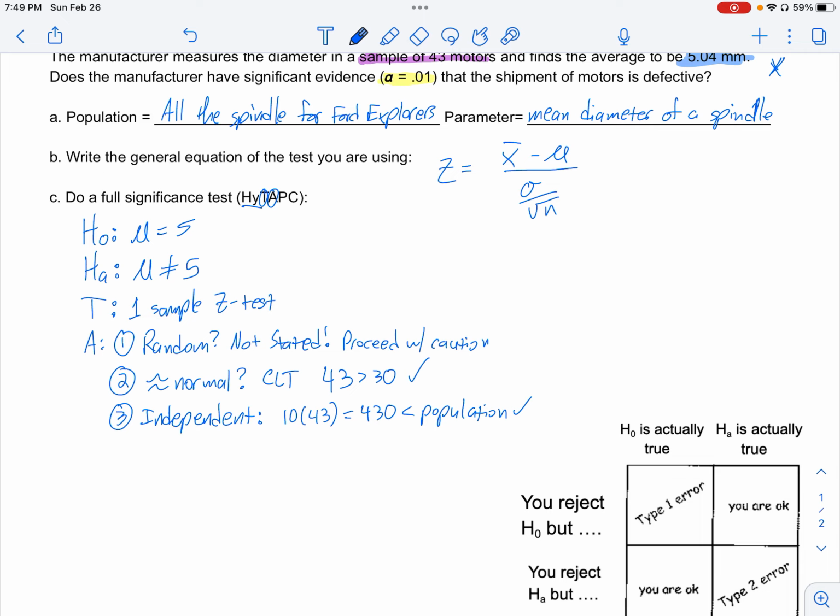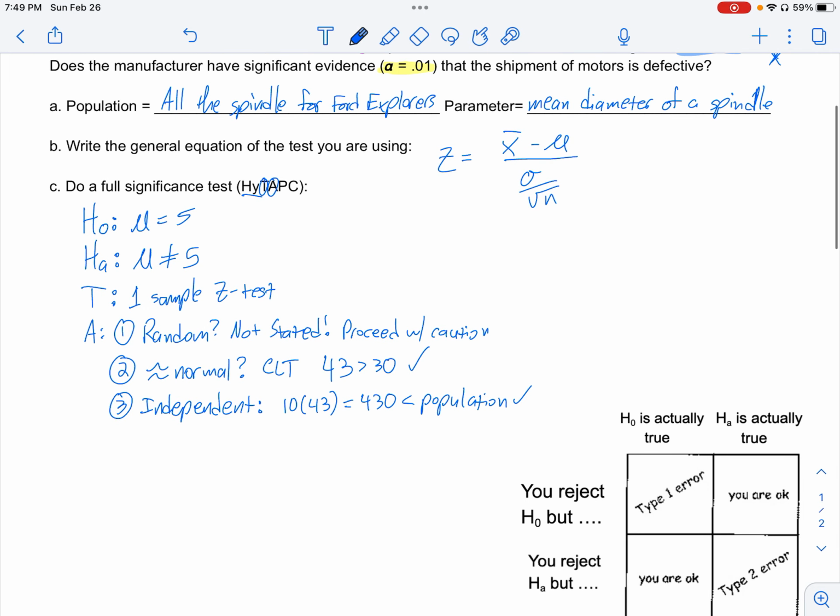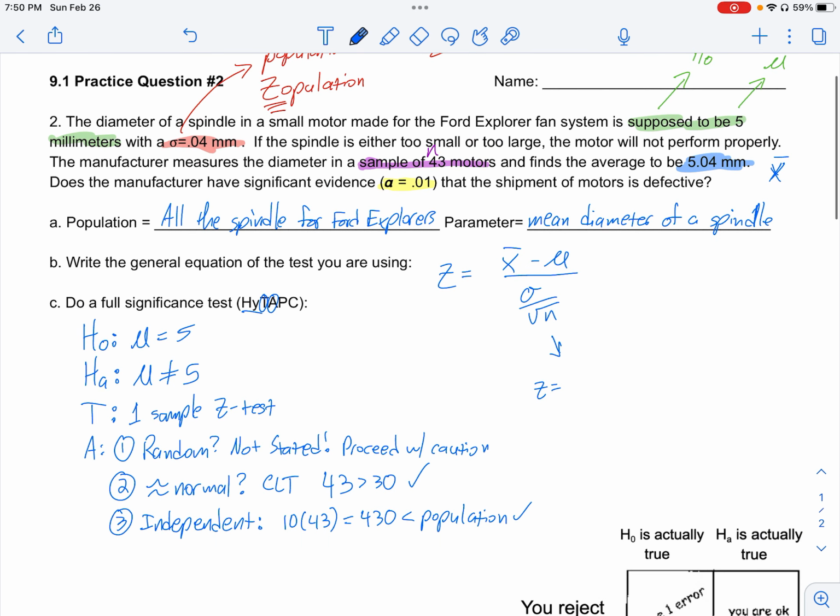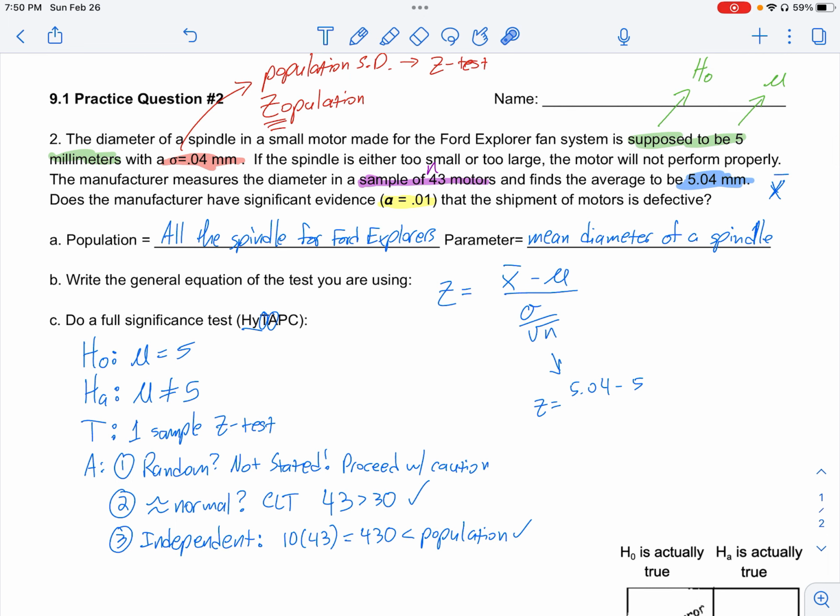P is do the work, get the p-value. Let's just do it right here. So what is my z going to be? x bar is the average of the sample, 5.04. Mu is 5. I'm just grabbing those from right here and right here.